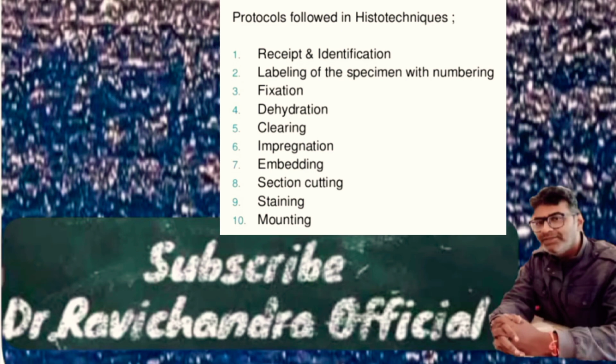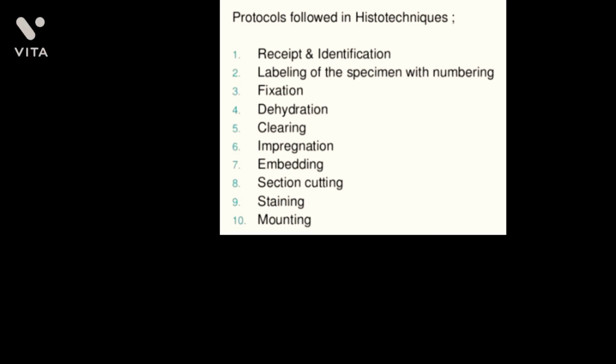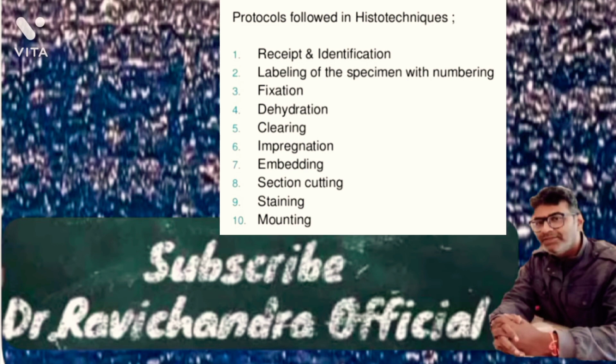When a section is made and processed, the ink will mark the actual margins on the slide. Gross examination consists of describing the specimen and placing all or parts of it, cutting with a sharp knife in case of soft tissue or by a saw in case of hard tissues like bone or cartilage, into a small plastic cassette which holds the tissue.